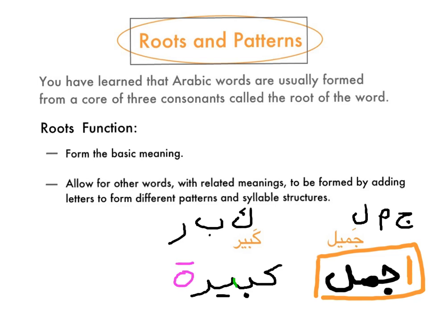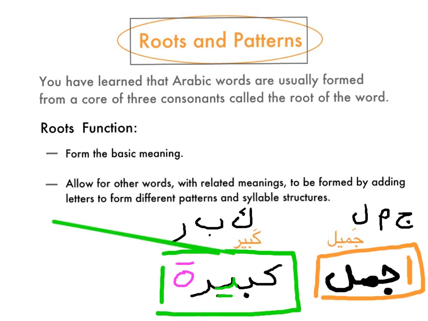And notice we have also the letter ya, which is not part of the root. The word kabira means big, which is used as an adjective for feminine. It is used to describe feminine nouns and feminine people.